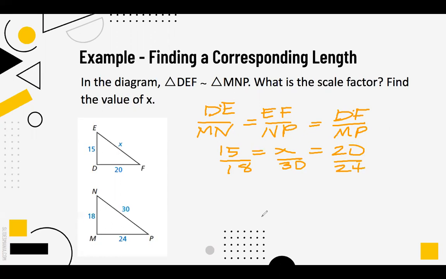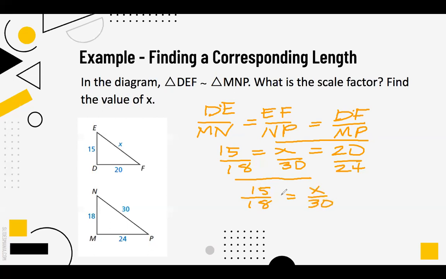I can choose to pick either these two or these two. I'm going to just go with the first two because they're the first two. So 15 over 18 is equal to X over 30.